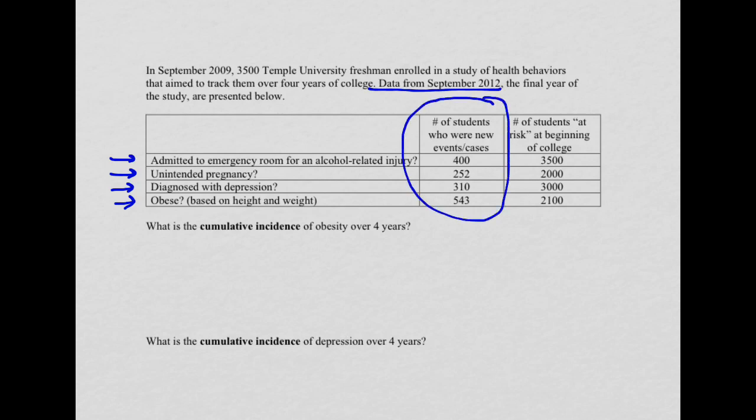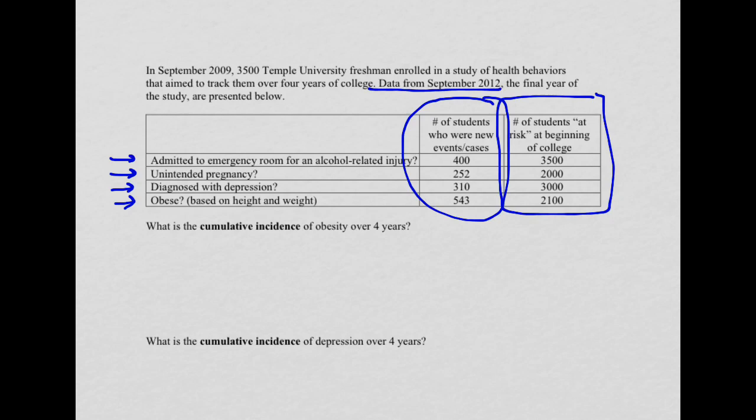So the idea is that starting in September 2009 and ending in September 2012, what new health events occurred during this time? Our second column is the number of students who were at risk for each given health indicator at the beginning of college. If you'll remember our definition of at risk, it's people who have the potential to become an event or a case of this health outcome.